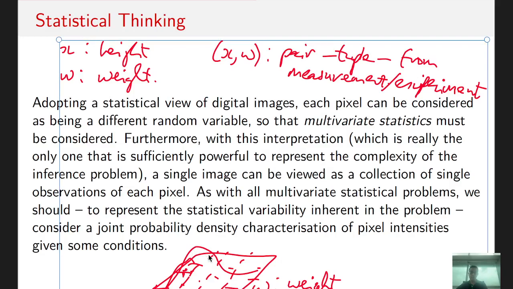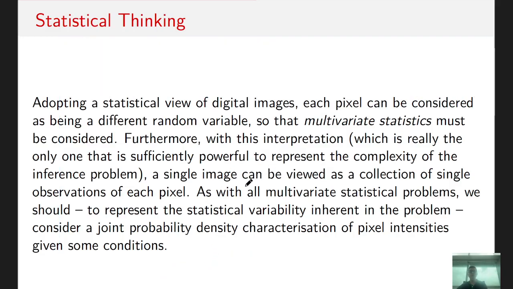Okay, now I can also summarize the measurement space. In this case, instead of computing a mean of only one variable, or average of only one variable over n observations, I would calculate the mean of two variables. Okay, so I have a mean for x and a mean for w.